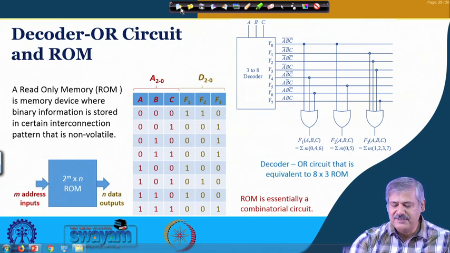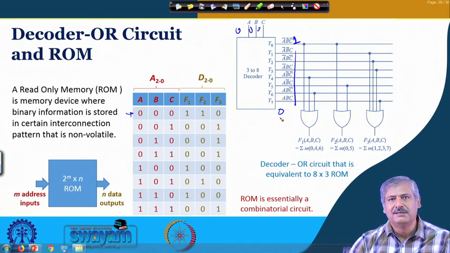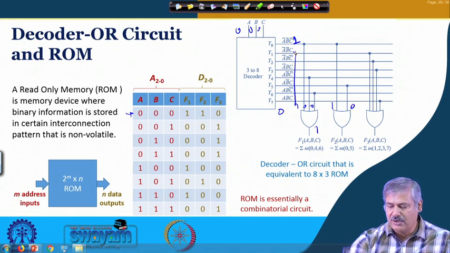And after that what happens? If you are just invoking 0, 0, 0 over here, right, then this line will be high and the rest of the lines will all be 0. This line high means, okay, this is an OR gate, so this is having an input 1, 0, 0. So this output will be 1, this will be 1 and this is 0, because all these are 0 because of the decoder.